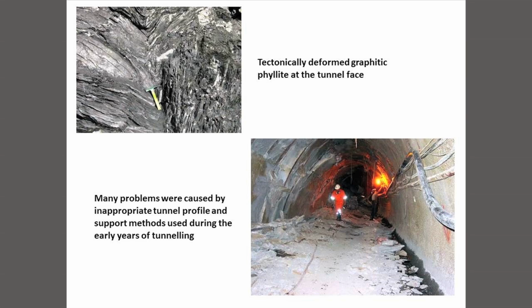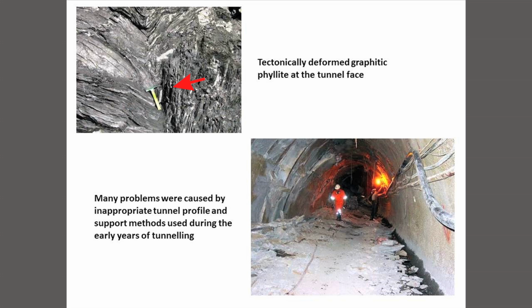For a variety of reasons, there were problems, one of which was the selection of inappropriate tunnel shapes. The upper left photograph shows the deformed graphitic phyllite, which is the rock they were mining through, very weak and with very little residual interlocking structure.